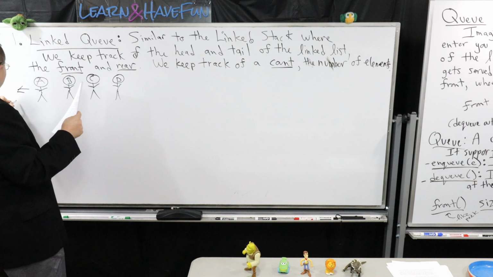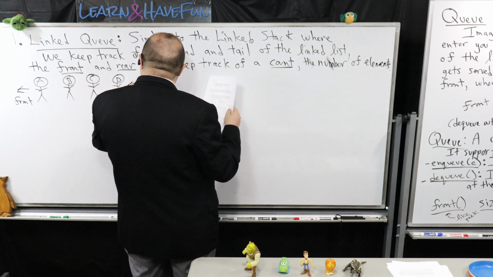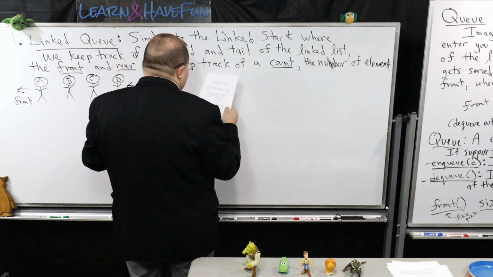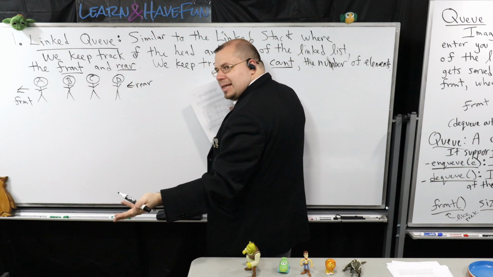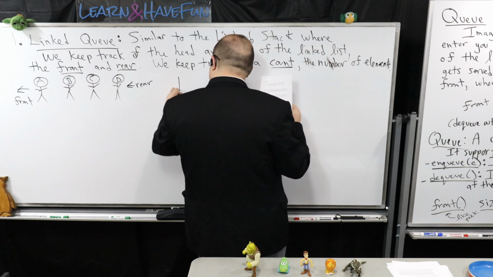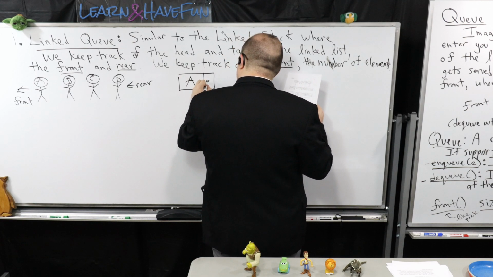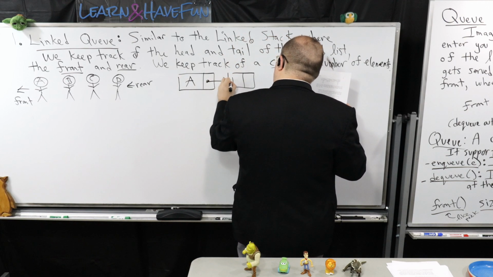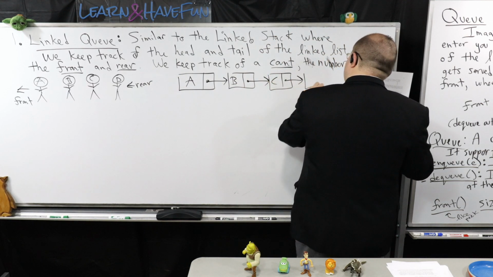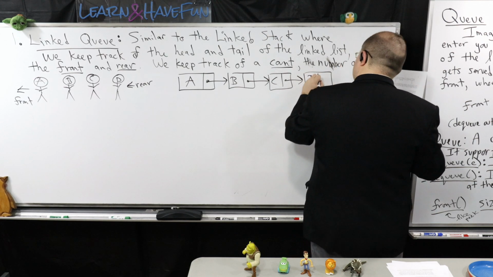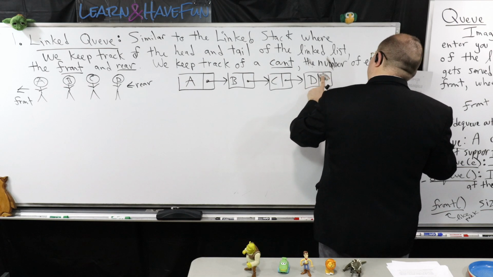So I have this being the front, and this would be the rear. I have 4 friends labeled A, B, C, D like this. What I would like to do is represent this with a linked list like this. So I'm going to have 4 nodes, A, B, C, D like this, and I'll just write null here.